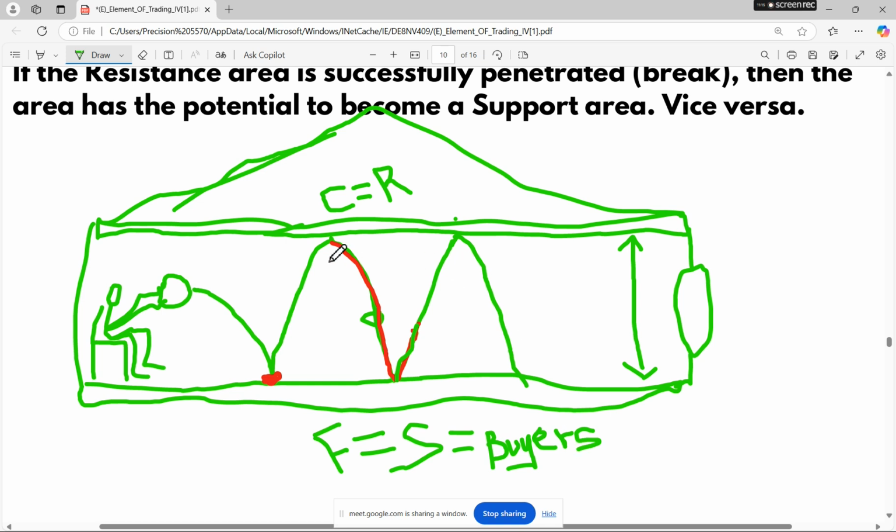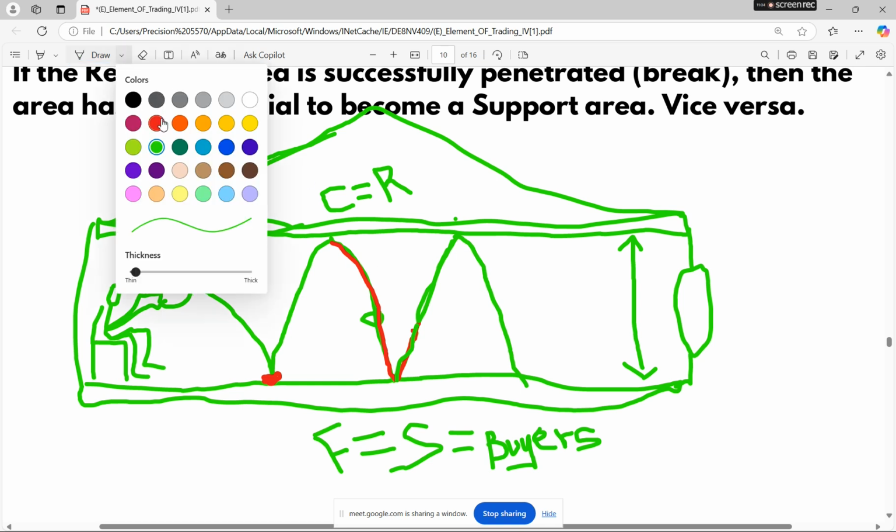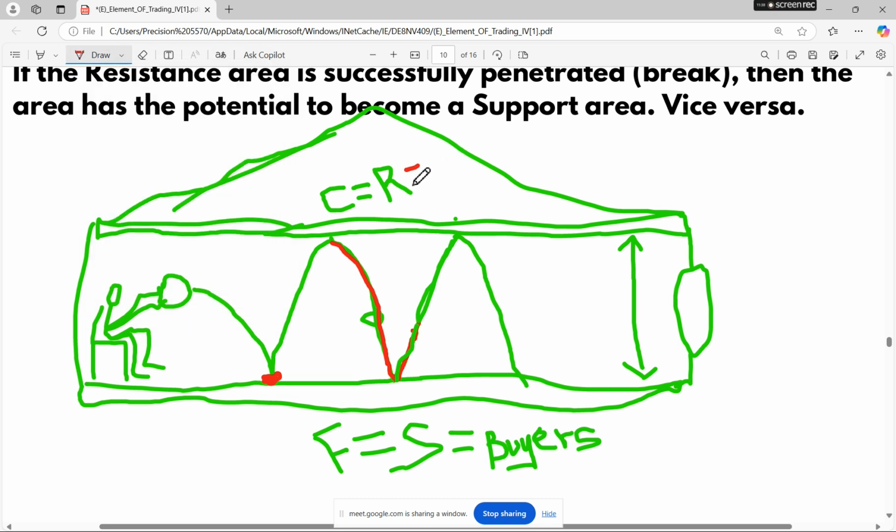So here, when the market comes down back to the support level, buyers got in and they started pushing the market up. And then resistance is equal to sellers, meaning that wherever the market reaches the resistance level, sellers will come in and push the market down.